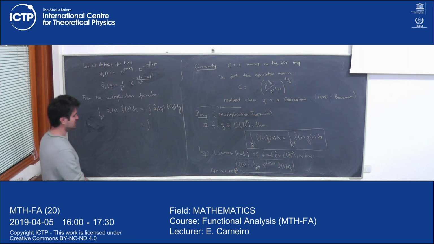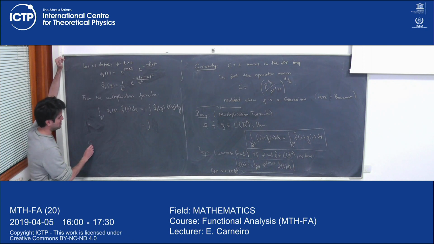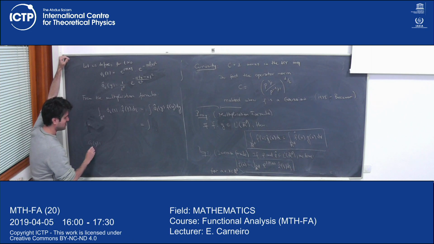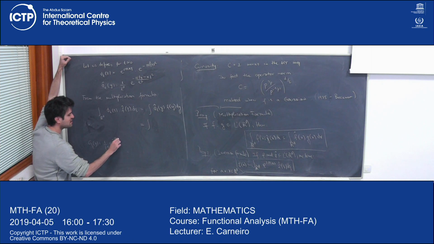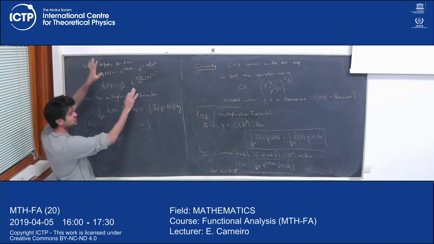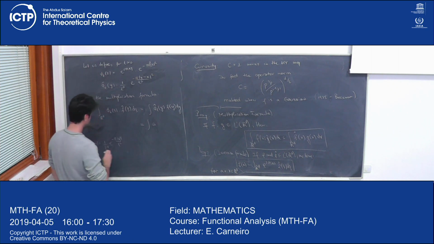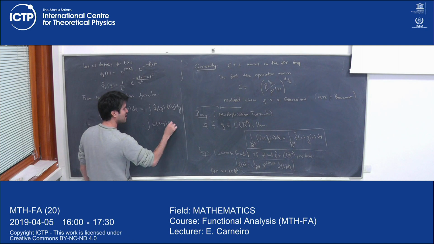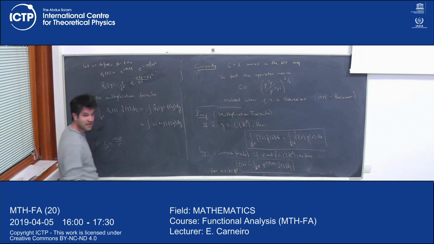If I call this function g_t of y to be 1 over t to the d, e to the minus pi y squared over t squared, then this will just be g, my approximation of the identity, of x minus y, f of y dy.